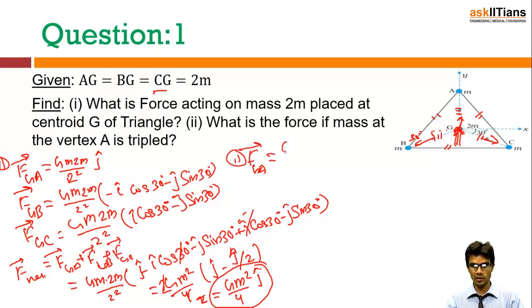Here m is replaced by 3m, so 3m into 2m by 2a square j cap. Now put this value here and solve it.